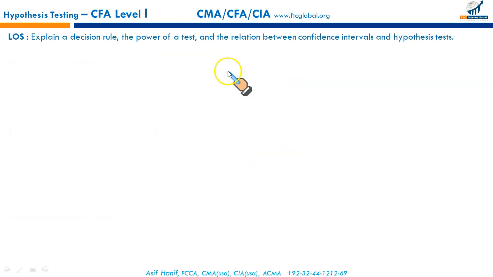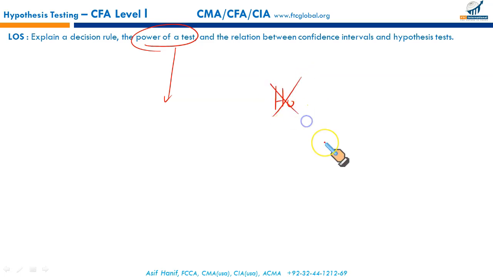Okay, the next area here is the power of a test. What is it? The power of a test gives the probability of correctly discrediting and rejecting the null hypothesis when it is false. So when the null hypothesis is false and you successfully reject it, you discredit it.